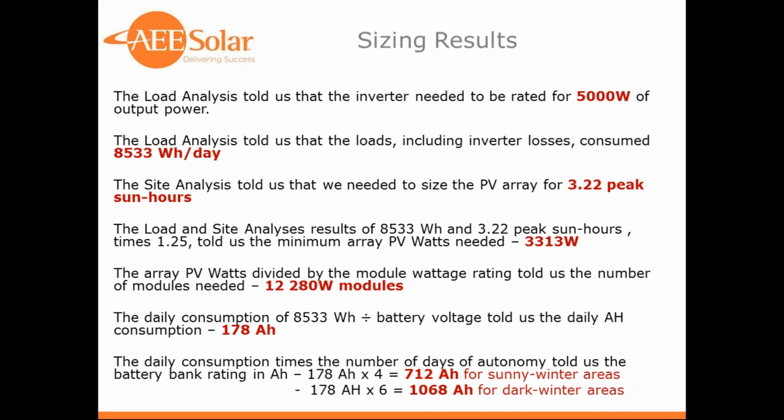Now, if you did have a wind turbine or a hydro turbine added to the system, you could probably reduce those battery numbers, because you would likely have more energy production at night or in cloudy weather, when it's raining, that kind of thing. So you have to play with these numbers based on the actual situation at the site.